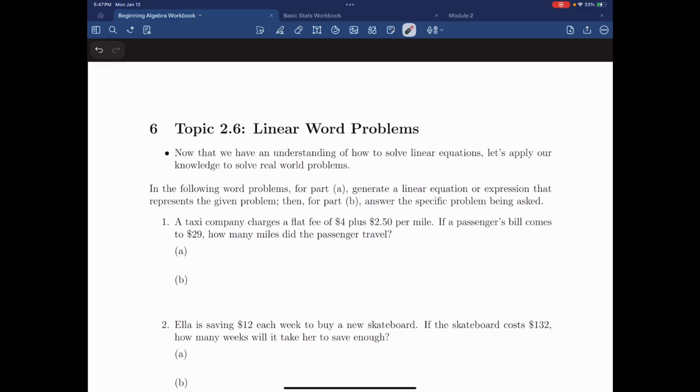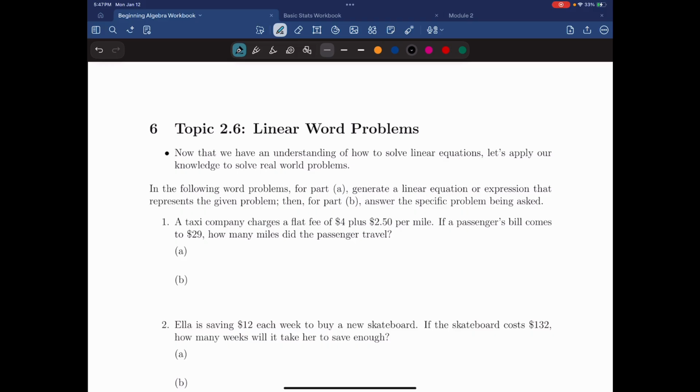So for example 1, we're given: a taxi company charges a flat fee of $4 plus $2.50 per mile. If a passenger's bill comes to $29, how many miles did the passenger travel? So when doing these kinds of problems, the first thing you want to ask yourself is, what variable do we want, and what does that variable mean?